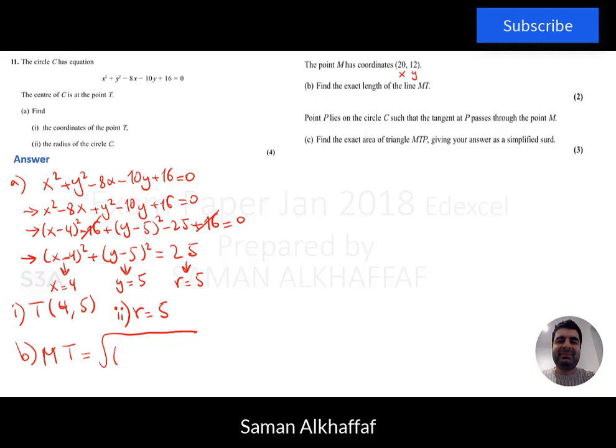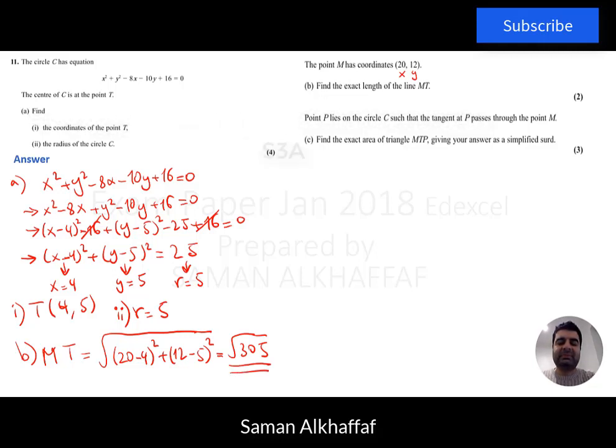We would have 4 take away 20 squared plus y, which is 12 take away 5 squared. When we simplify this expression, it should give us the root of 305, which will be our answer for part B.